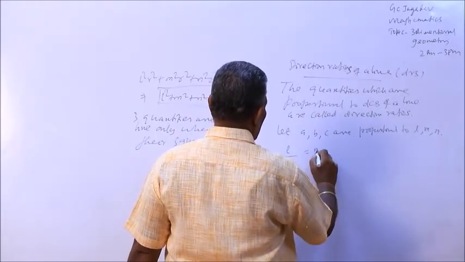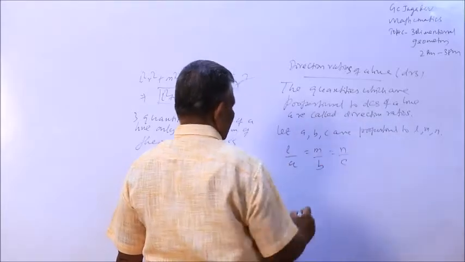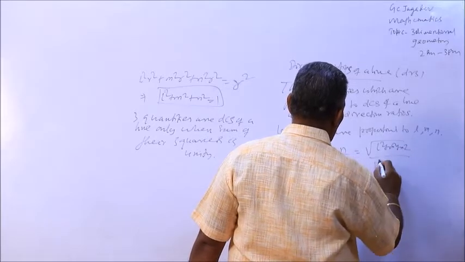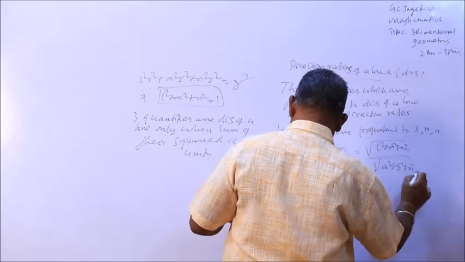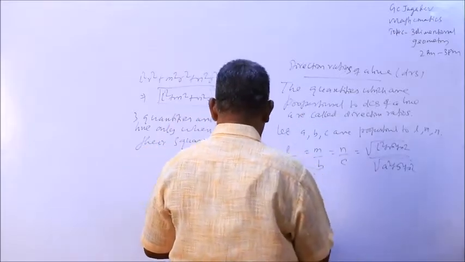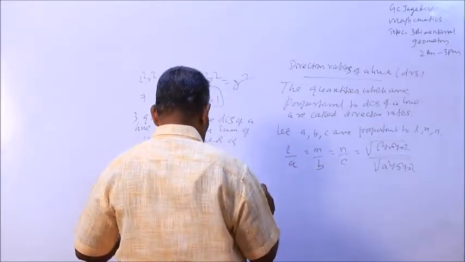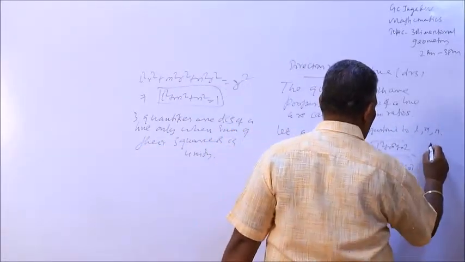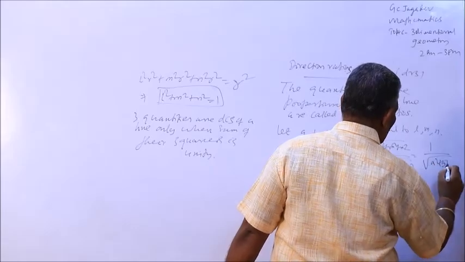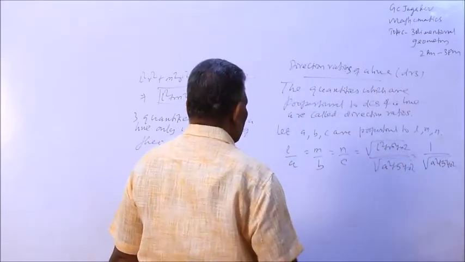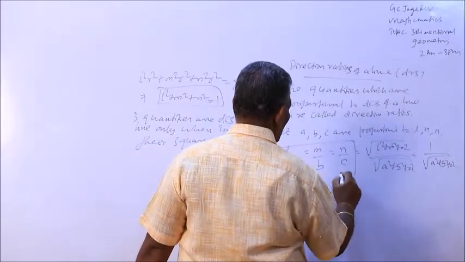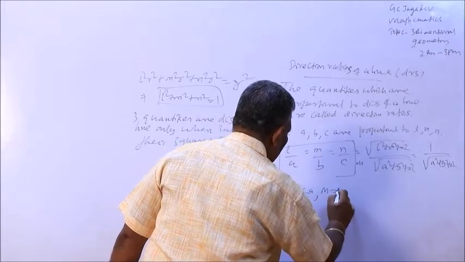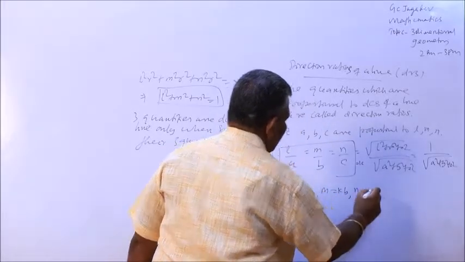L by A equal to M by B equal to N by C equals root over of L square plus M square plus N square by root over of A square plus B square plus C square. That implies, you know that L square plus M square plus N square equal to 1, so it is 1 by root over A square plus B square plus C square. If you take this part equal to K, that implies L equals KA, M equals KB, N equals KC.